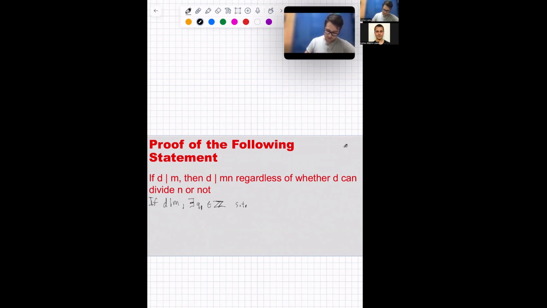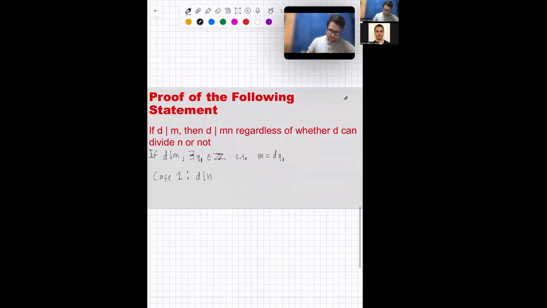Such that m is equal to d times q1, okay? That is a case. So you can go with case 1, okay? Case 1, d divides n, okay?